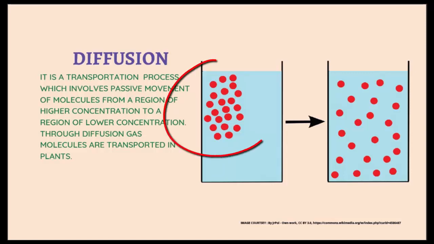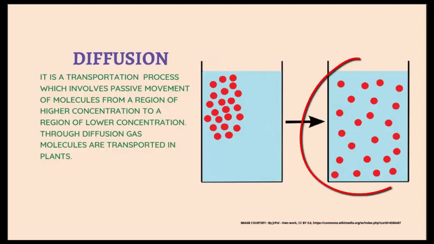Like in this diagram we can see the concentration of molecules over here is much more. What do you mean by concentration? It means the number of molecules present per unit area over here is much more in comparison to this area, and the molecules are moving from its region of higher concentration to its region of lower concentration, right?